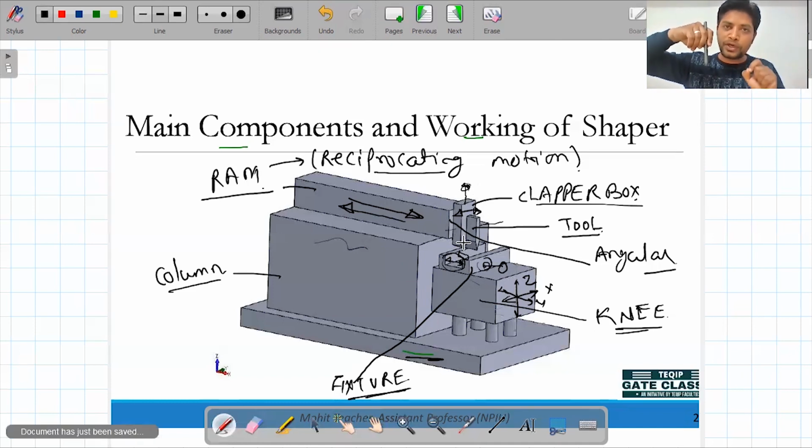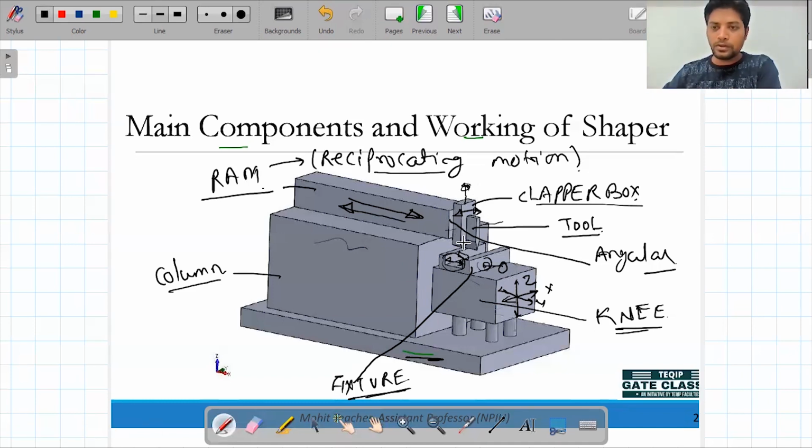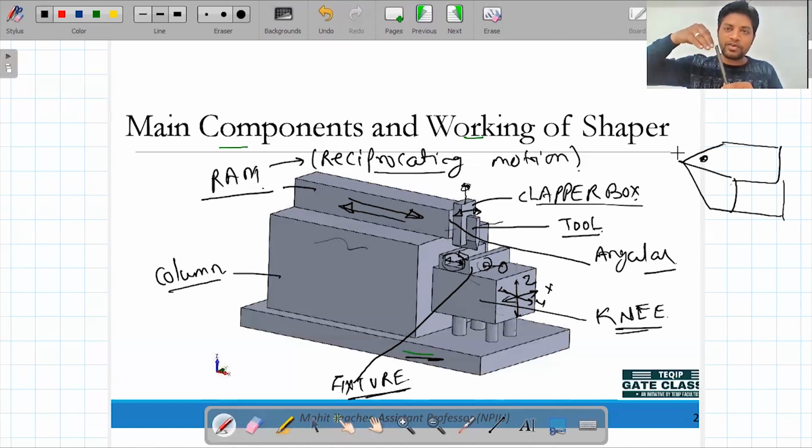We keep the rake face in the front side. When the tool moves toward this side, it removes the material, and then it has to come back.